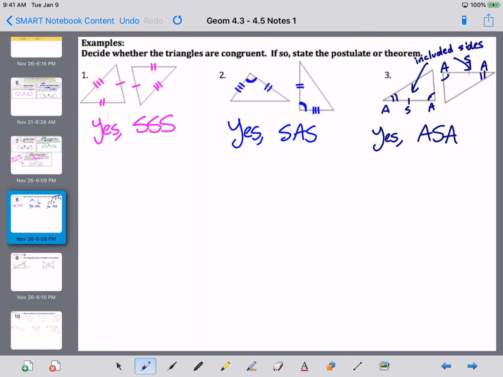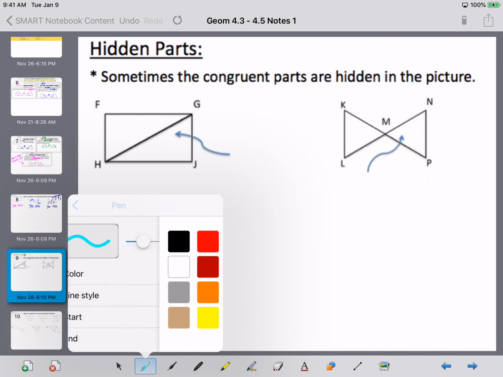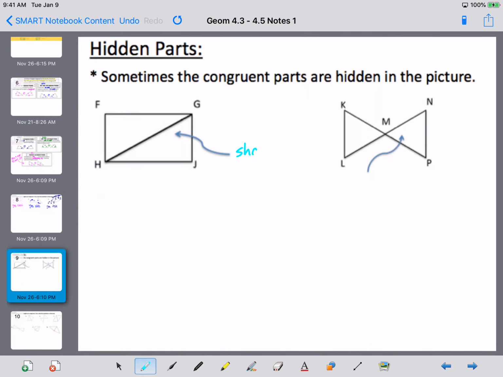All right, let's go to some interesting parts here. So sometimes the congruent parts are hidden inside of the picture. So if you have a situation where there's a shared side, that side is congruent to itself, because we know HG is congruent to HG.